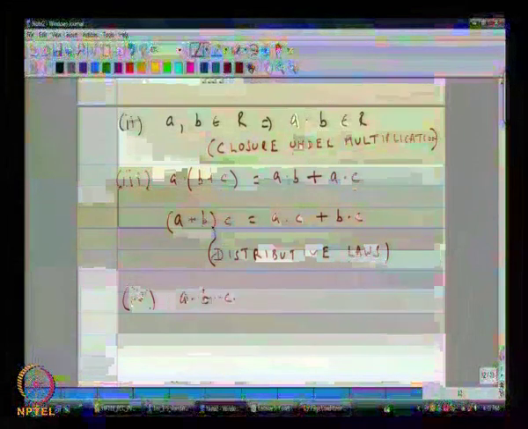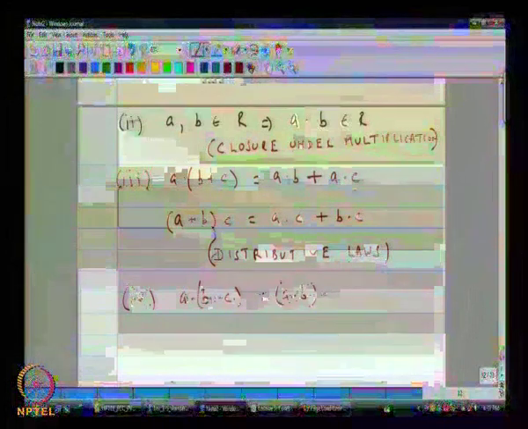And the fourth property is that (A times B) times C is the same as A times (B times C). So this is associativity under multiplication.